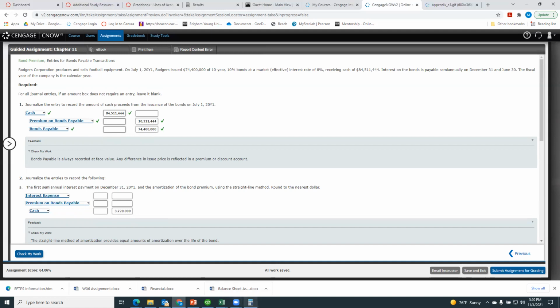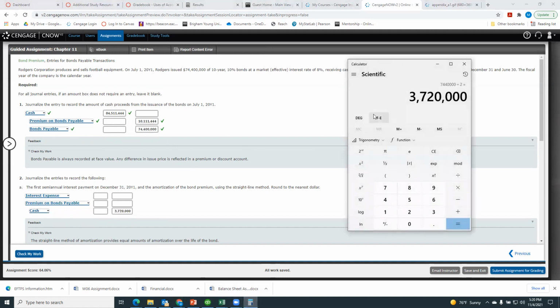The premium on the bond payable, we're going to take the total premium for the bond's whole life, which is 10,111,444. We're going to divide that by the number of interest periods in the bond's life. This bond is a 10-year bond, so the number of semi-annual interest periods in its life is 20. So we're going to amortize 505,572 each 6-month period.